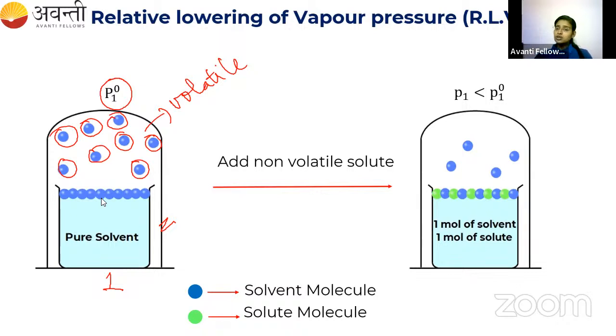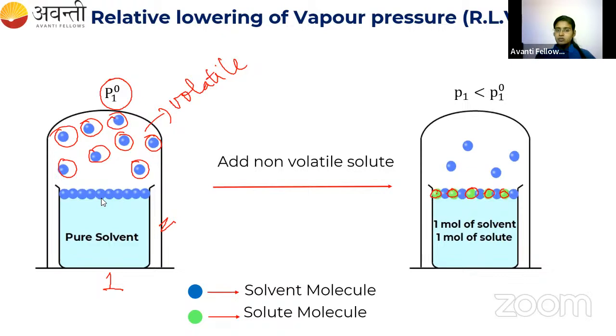And the solute molecules will stop the solvent molecules which are coming out by blocking. The green color solute particles will come and block the surface, and they will not allow more solvent molecules to come out.